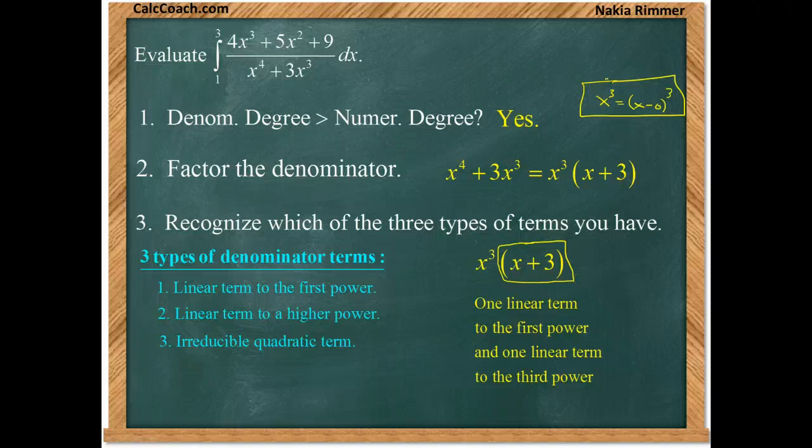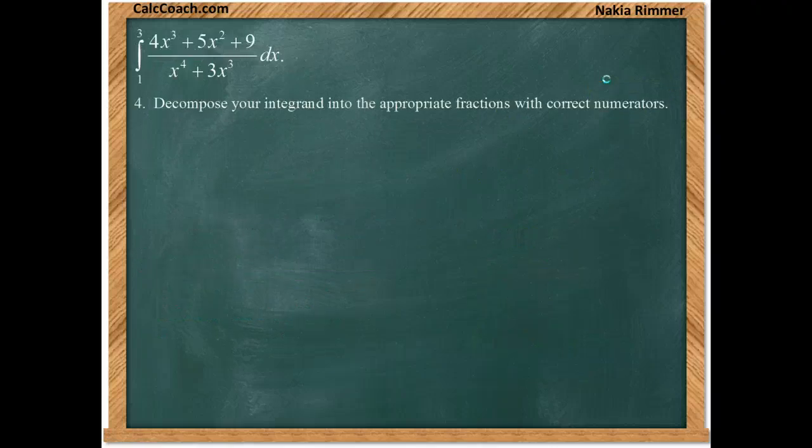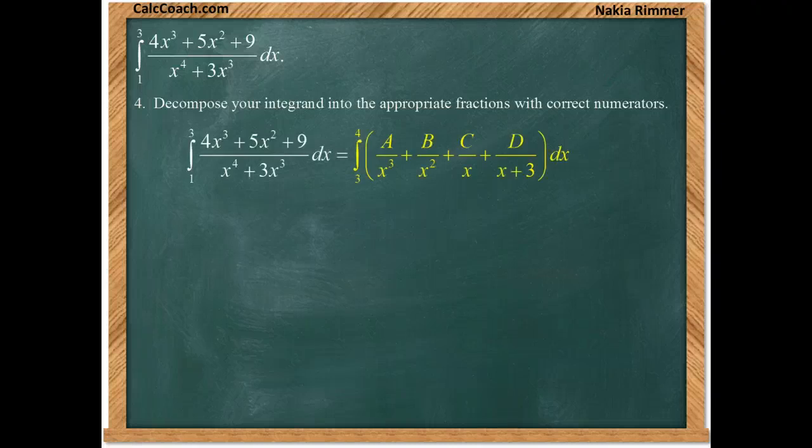It's our job to take our original integrand and decompose it into the appropriate fractions with the correct numerators. When you have x cubed times x plus 3, then you're going to have a constant over x cubed, another constant over x squared, and another constant over x. 3 separate fractions coming from the one term.